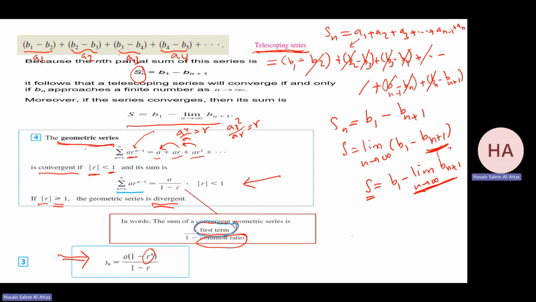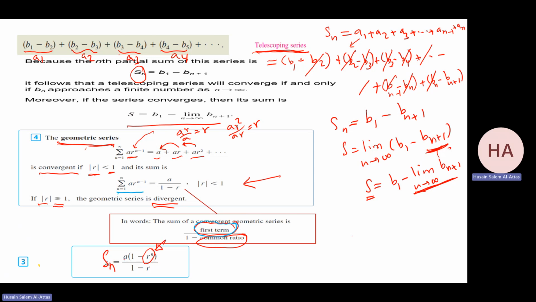The nth partial sum Sn, the sequence of partial sums, in this case you can prove will be A(1 minus r^n) over 1 minus r.